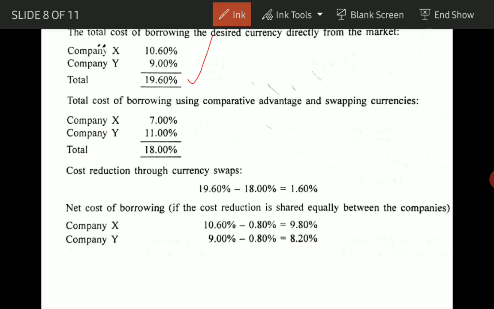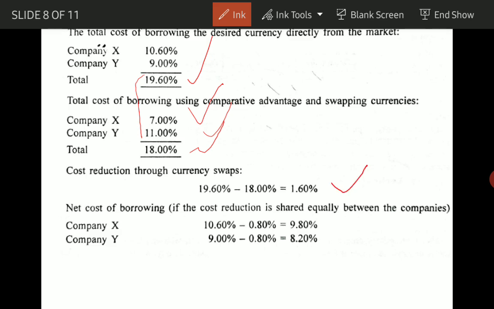Company X borrowed from the dollar market, company Y borrowed in pound sterling, and both together pay 18%. You see the difference between the first and the second: if they had borrowed from their preferred markets, they would have paid 19.6%. Now they borrowed from the comparative advantage market and used the currency swap, so the cost has come down by 1.6%.